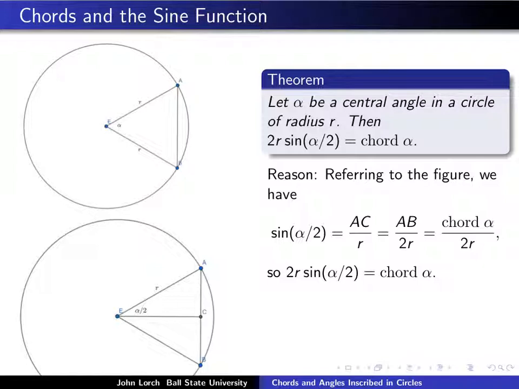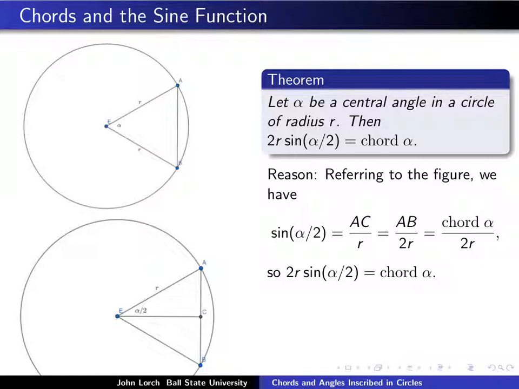So if I want the sine of alpha over 2, I just use right triangle trigonometry, and that's opposite over hypotenuse, where the opposite side is of length AC and the hypotenuse is of length R.